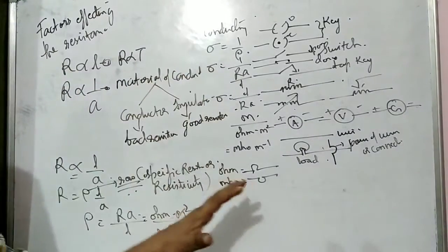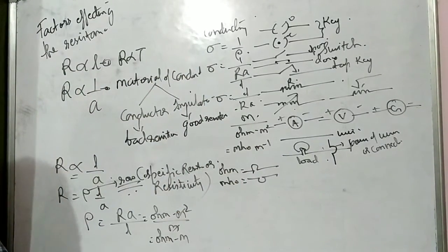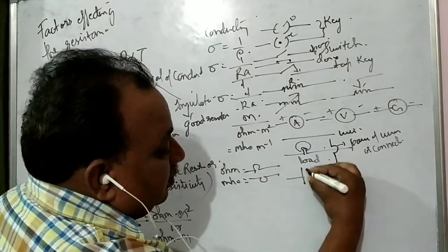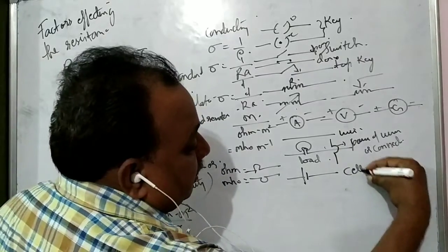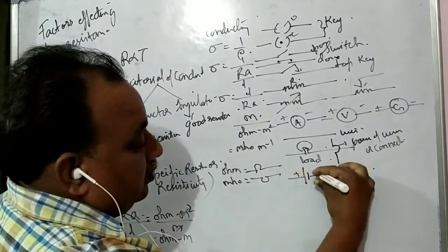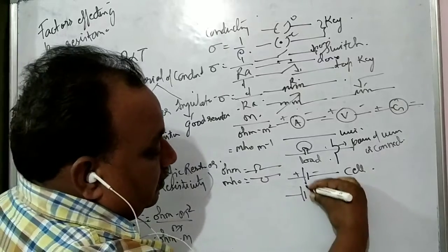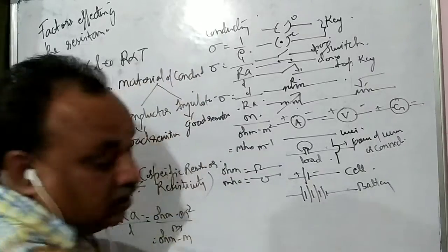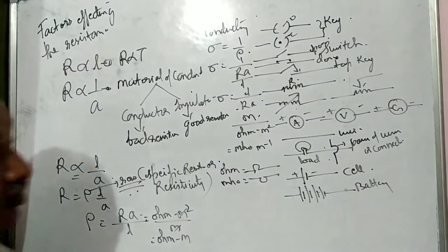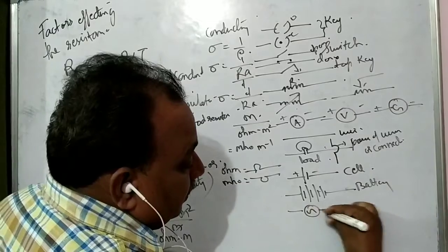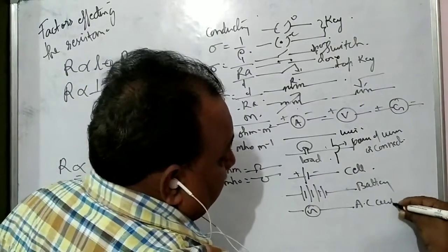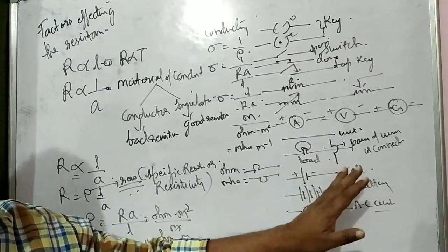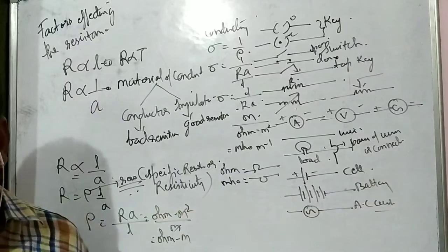These are the symbols which are used. This is also the symbol of a cell. This is the symbol for a battery. For an AC circuit, this is the supply of AC and these are the supply of DC. DC supply, direct current supply, is either by a cell or by a battery.